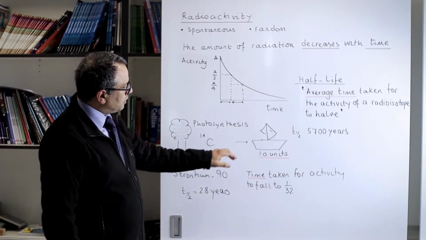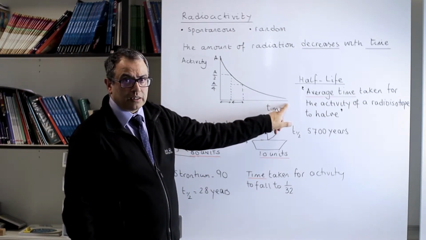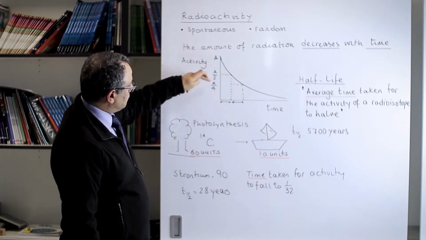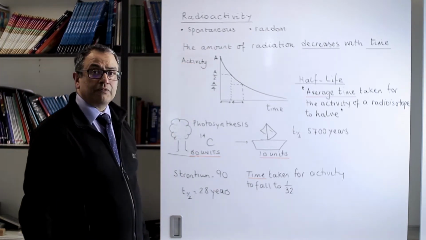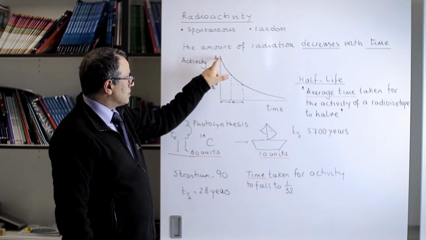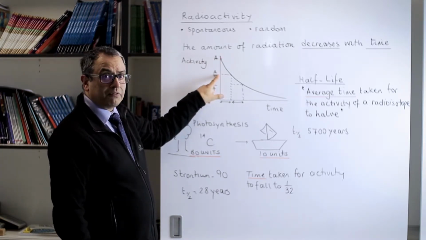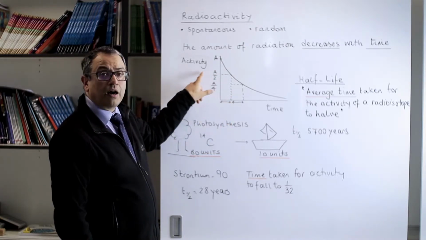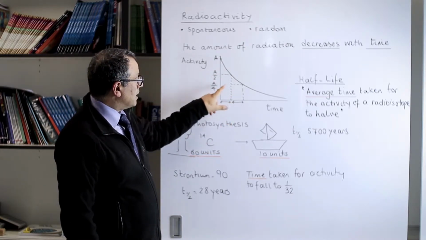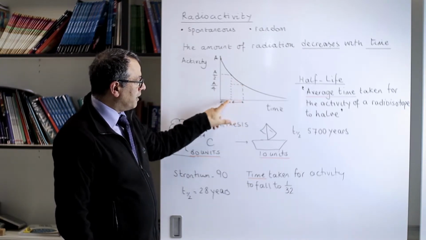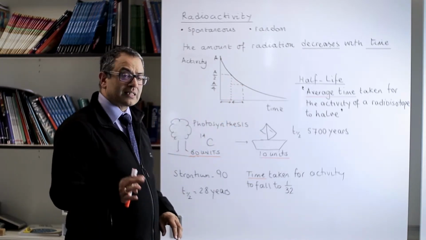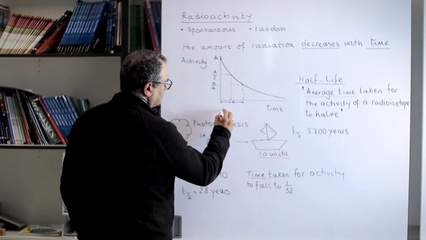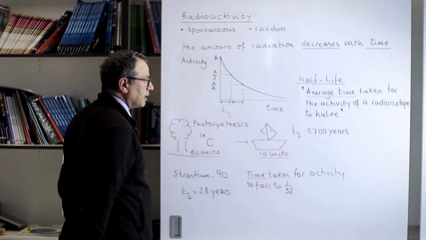On this curve, you will notice that it does not touch the time axis, and likewise on this vertical axis, I've used the letter A for activity, and all I've done is I've gone down to a value half of the initial activity, go across and read off the value, and then if half of a half is a quarter, and then do the same again, and you will find those gaps are roughly the same, and that term is called the half-life. We'll call that T a half.